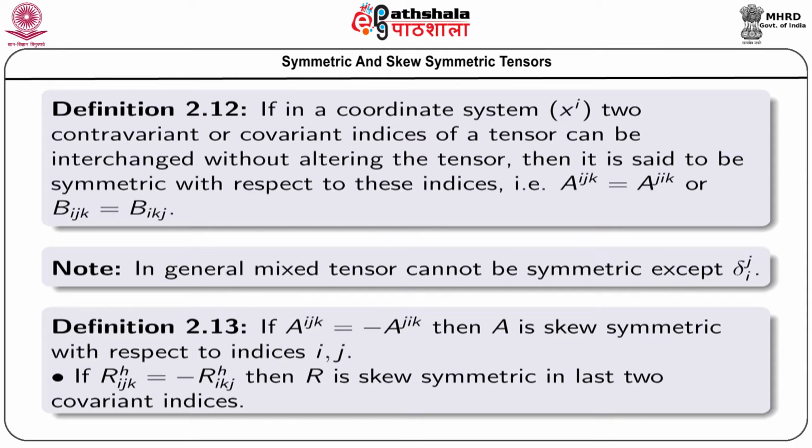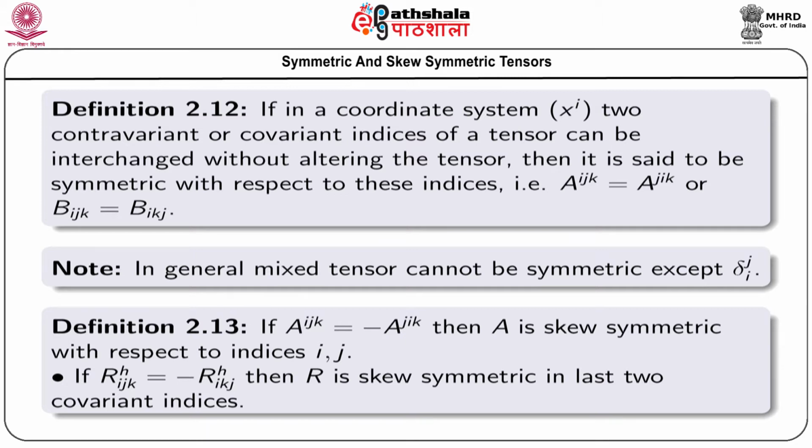Suppose Aijk are the components of a type 3,0 tensor or a contravariant tensor of rank 3, and if it is equal to minus Ajik, then A is called skew symmetric with respect to indices i and j.